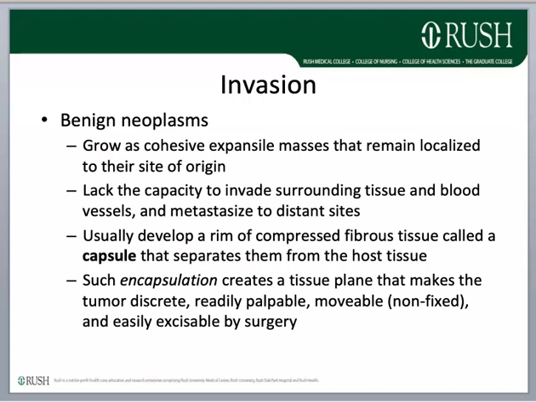Because of this expansile pattern of growth, they usually develop a rim of compressed fibrous tissue, which is called a capsule, that separates them from the surrounding host tissue. And so such encapsulation creates a tissue plane that makes the tumor discrete, readily palpable, movable, meaning that it's not fixed to the surrounding tissue, and thus it's more easily excised by surgery.